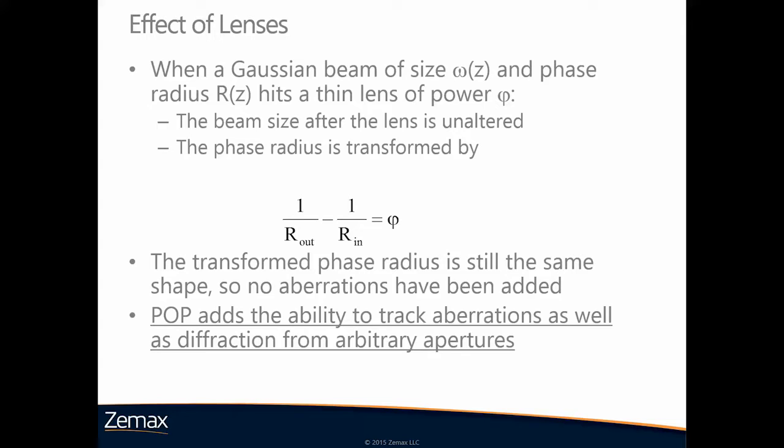People often think of POP as being important because of the aberrations, because of the apertures and the ability to handle diffraction from an arbitrary aperture. But it's really important when we look at laser beam propagation from the perspective of being able to see the phase distortion of the laser beam, and as a result to see how M squared varies, even though maybe nothing in the beam is actually aperturing or clipping the beam.